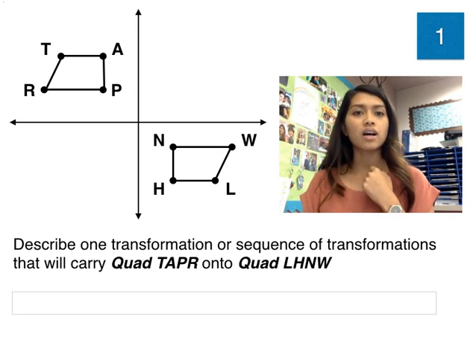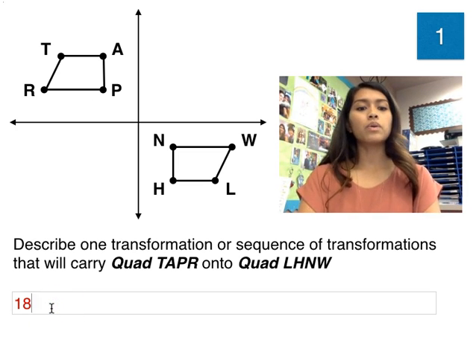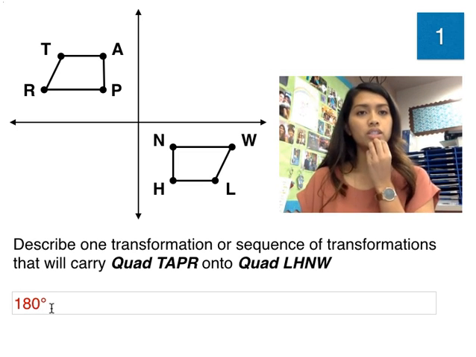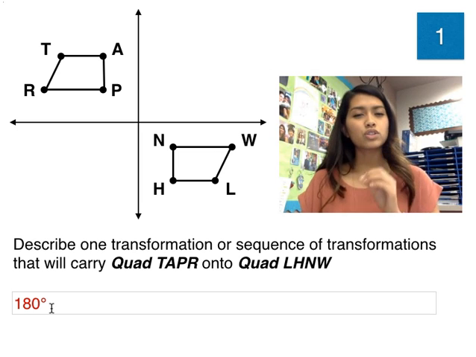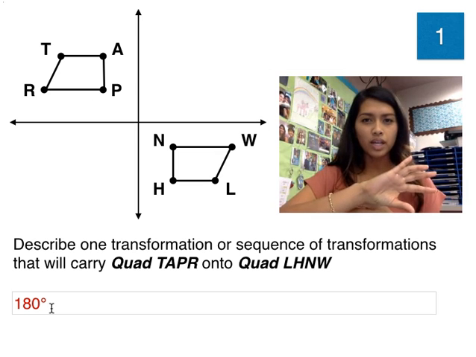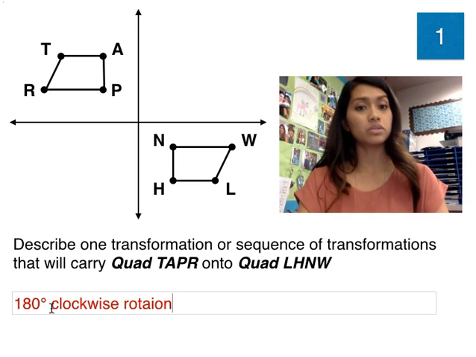In fact, it looks like a 180-degree rotation. So I'm going to write that down. It looks like a 180-degree rotation. Let's see, which direction is it going? Well, it seems like it's rotating this way. So I'm going to call it a clockwise rotation.